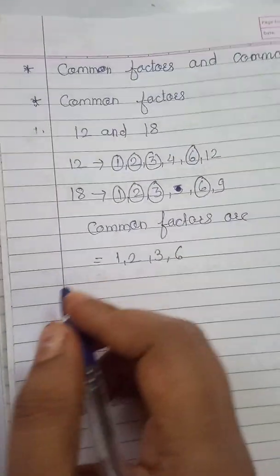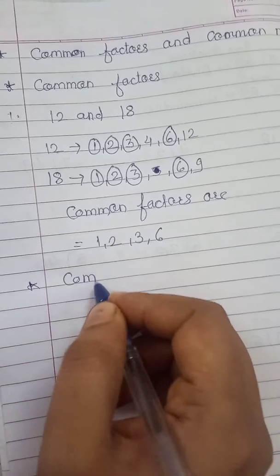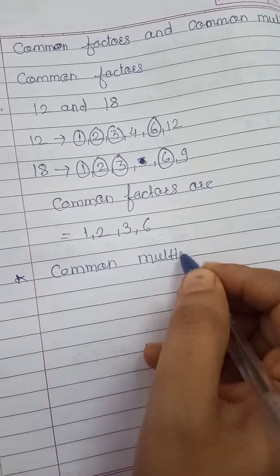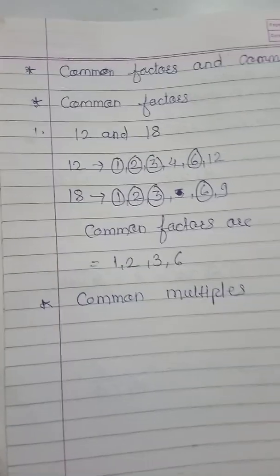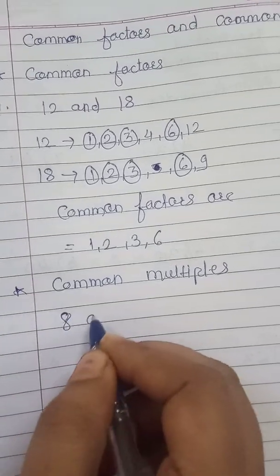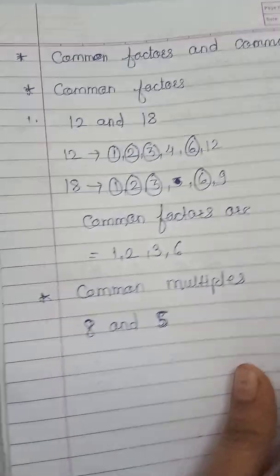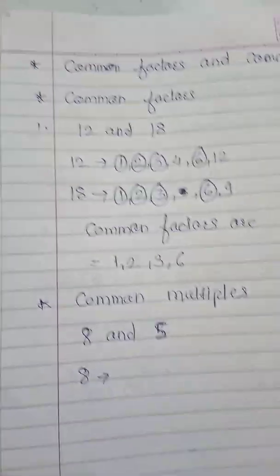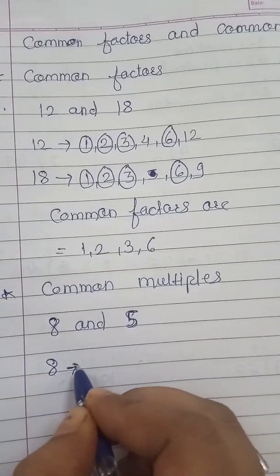Then see the common multiples. We have to take another example, 8 and 5. What is meant by multiples? Multiples means multiplying, the table of 8.